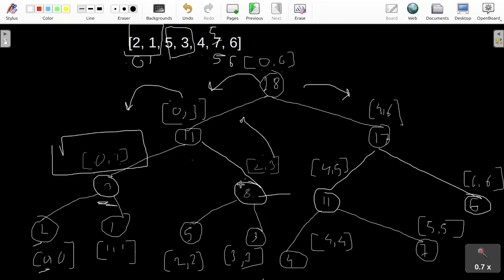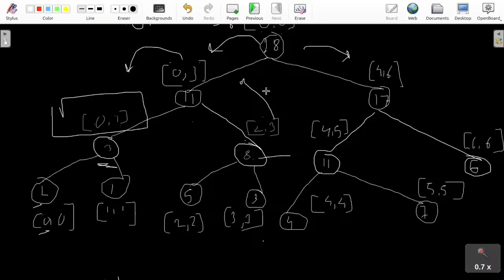No, you don't have to construct this structure again from scratch, like starting from 0, comma 6, then dividing it into two parts, then dividing each range again. If we build it from scratch, then there's no point in learning the segment tree, because in prefix sums also we were doing the same thing: once an element changed, we were building prefix sums again. But here you don't have to build this structure again from scratch. You just have to change the values at some nodes. How? I will explain.